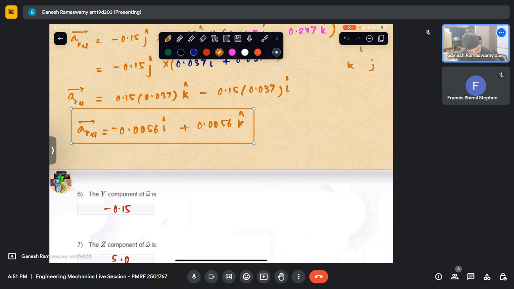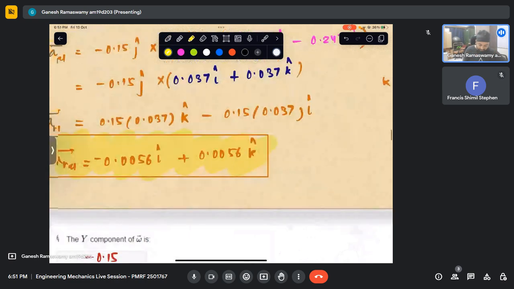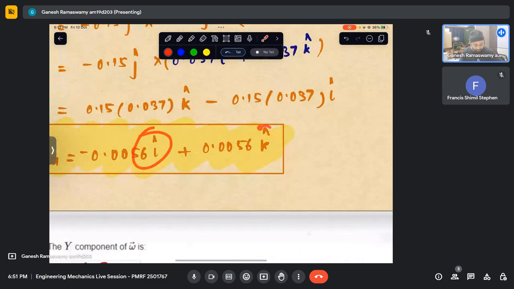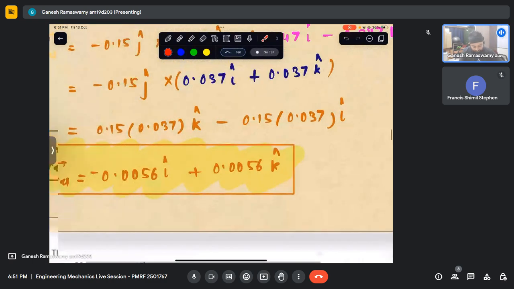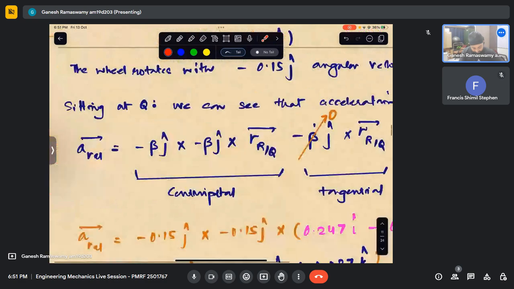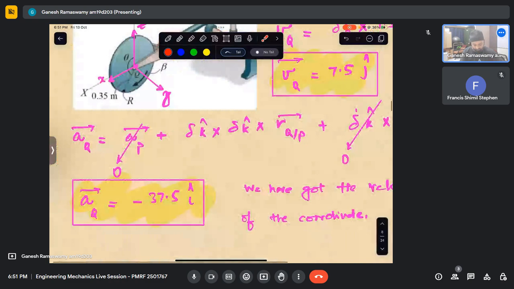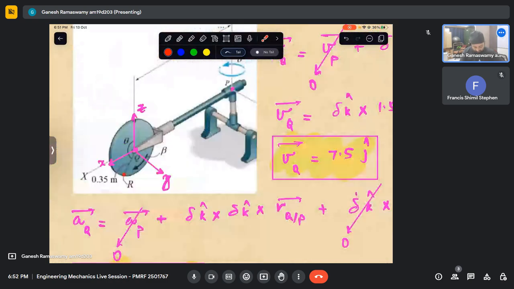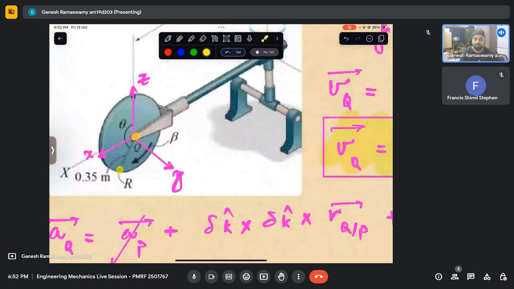Now let us analyze it again. Does this make sense? It is having a negative I component and positive k component. Let us go back to the figure and analyze this. We are sitting here. We are looking at this point, and this beta doesn't have any magnitudinal change.